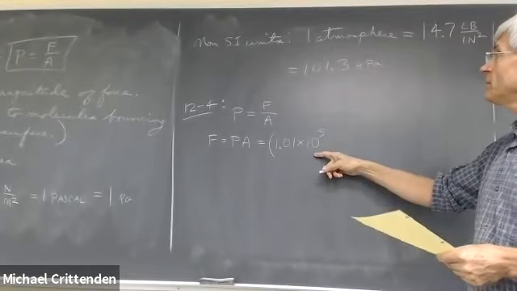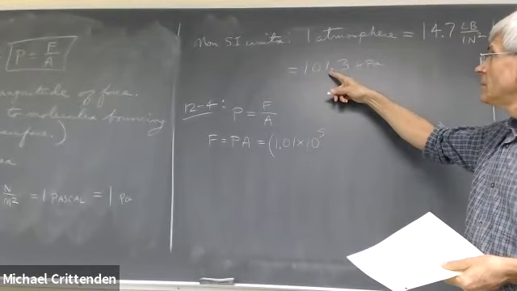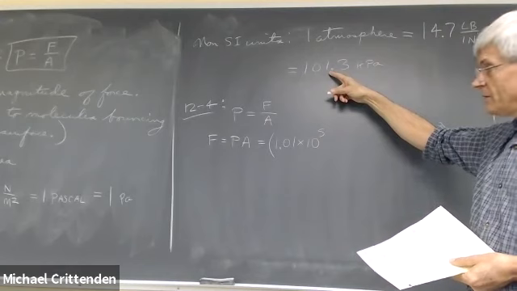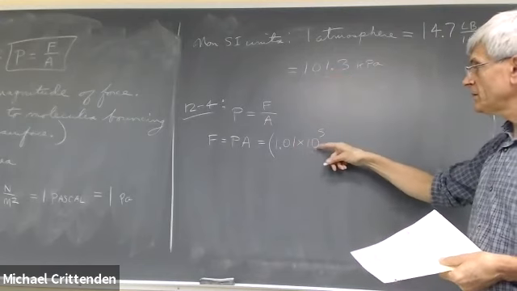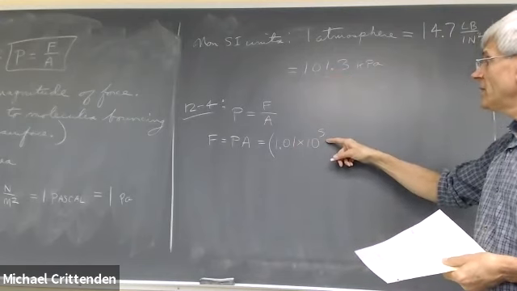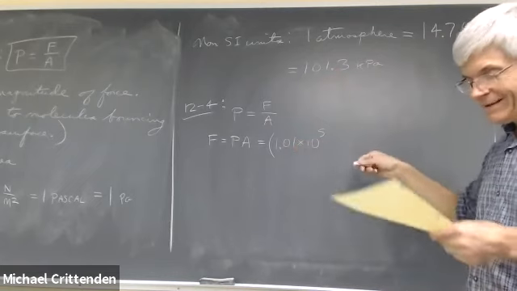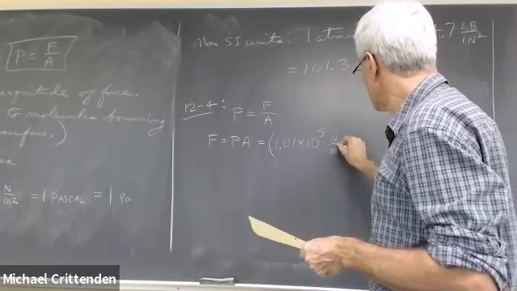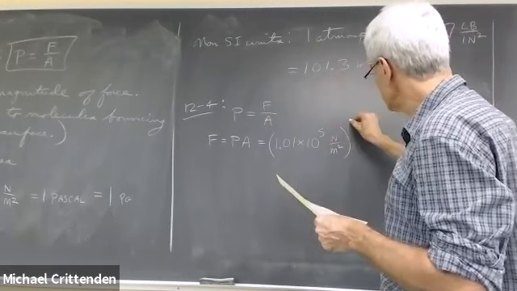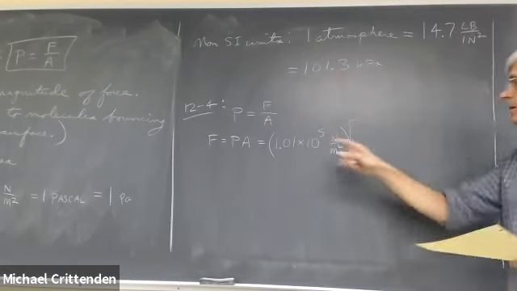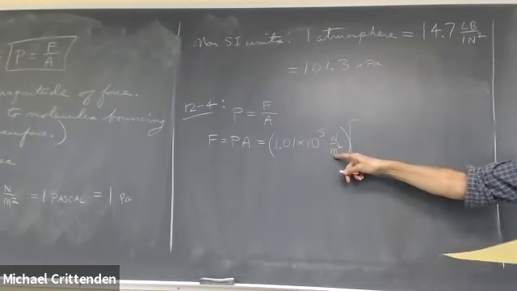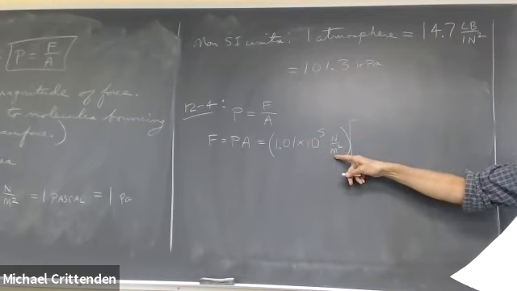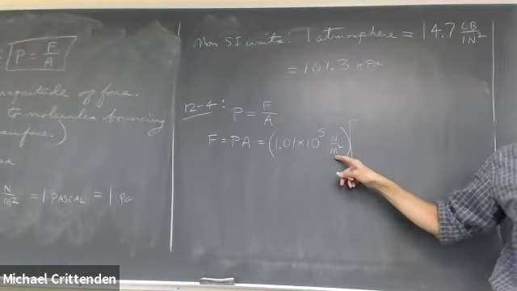Standard atmospheric pressure, 101 kilopascals, would be 1.01 times 10 to the 5th pascals, 1.013 if you wanted to take it that far. A pascal, once again, means a newton per square meter.